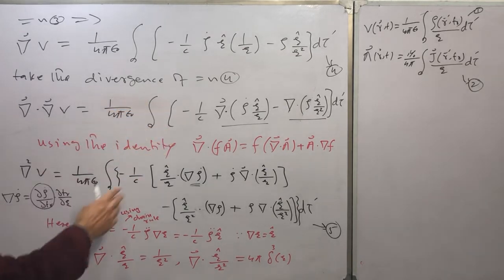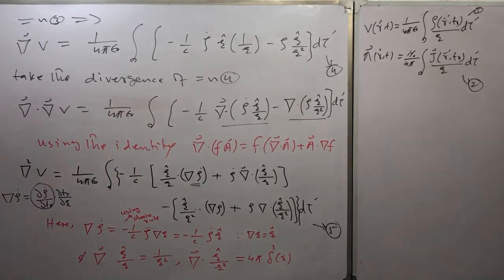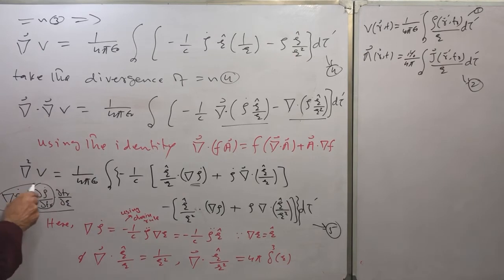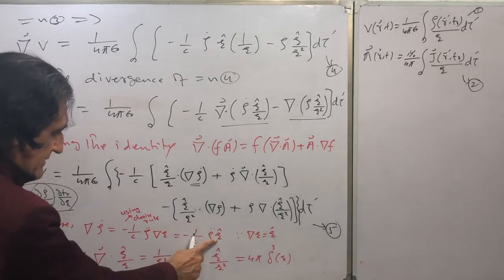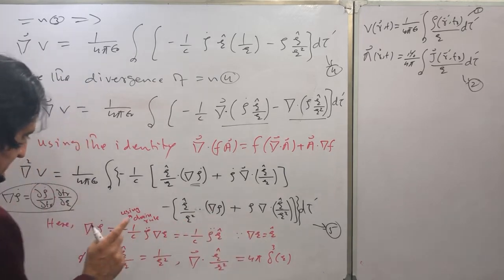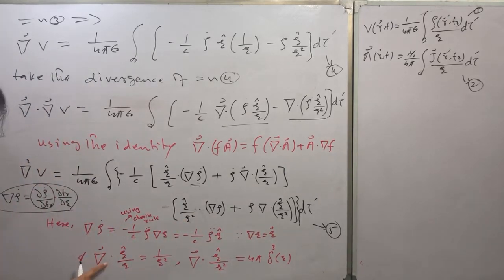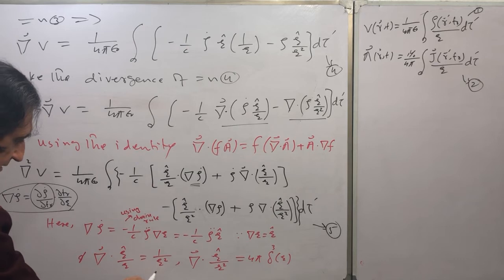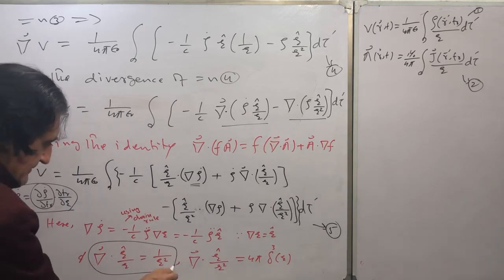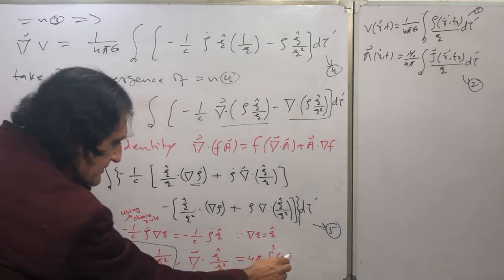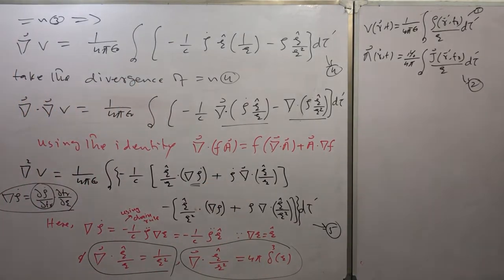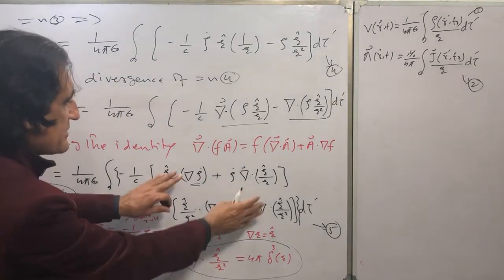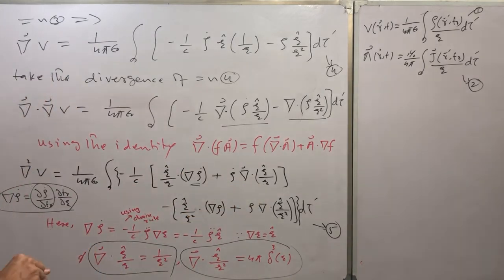Previously we have done this kind of chain rule, and this is equal to delta r, and del dot r divided by r is equal to this, and del dot this is equal to this, the canonical delta, which is position dependent. Putting these values in equation number 5, we can get the equation.